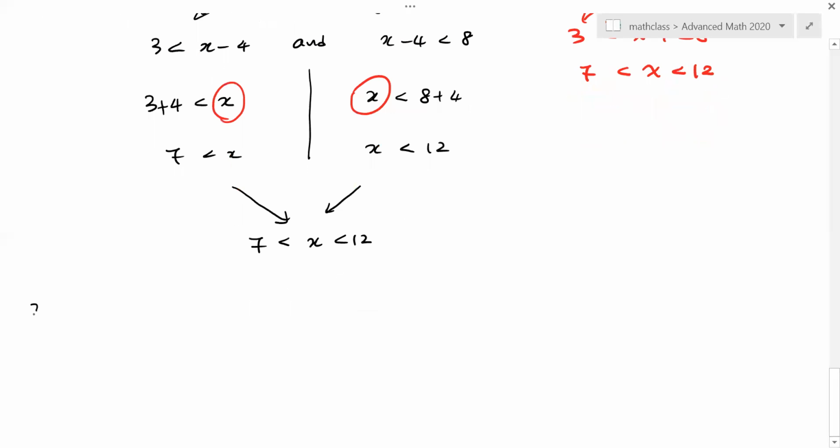So let's do the following problem. Solve 4 is less than 3 minus 2x, which is less than 7.